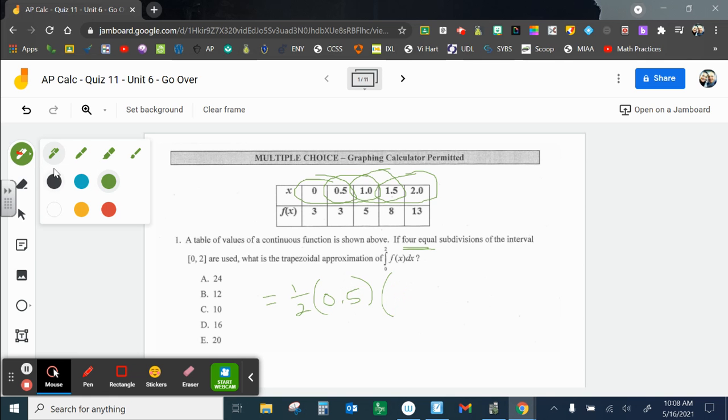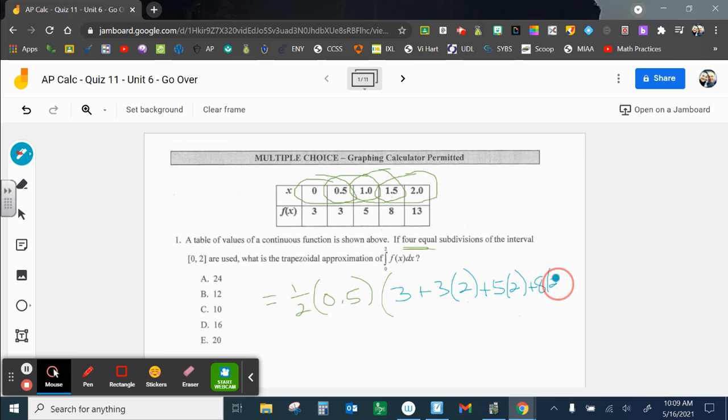And now we're going to do what we know, that the sum of the bases, the first base is only used once. The second base is used twice. Really, every other base except the last one's going to be used twice. 5 times 2 plus 8 times 2 plus 13. And that's only used once.